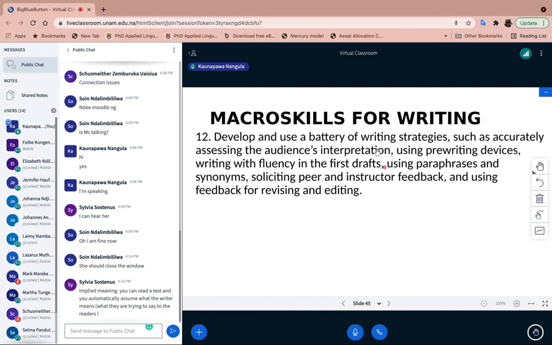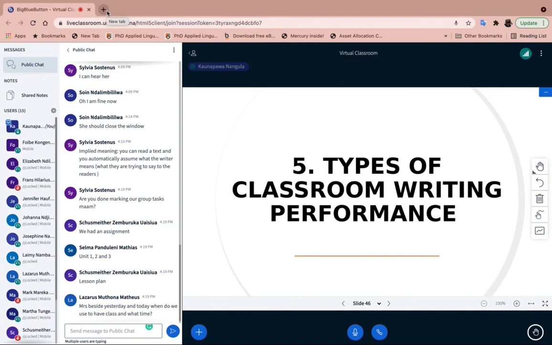You understand, we have this provided to us, but sometimes we wait until the last minute to do the writing, so we don't maximize some of these writing strategies. But we have to train our learners to be able to use these strategies. Okay. And then we'll do the rest later.